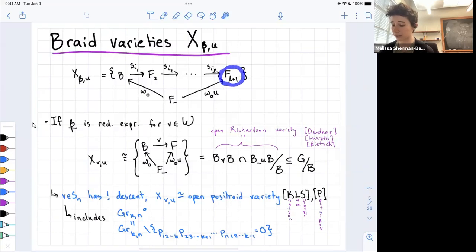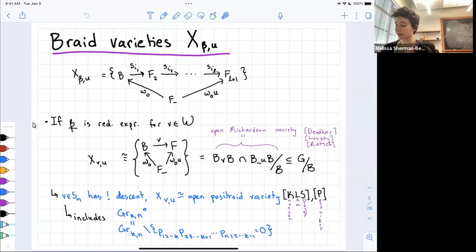So in this special case where the word on top is a reduced word, you only have to remember the final flag and that will determine everything. What this means is that the braid variety in that situation is isomorphic to just a subset of G mod B, and it's this subset: the flags which are V related to the standard flag and W naught U related to the anti-standard flag.